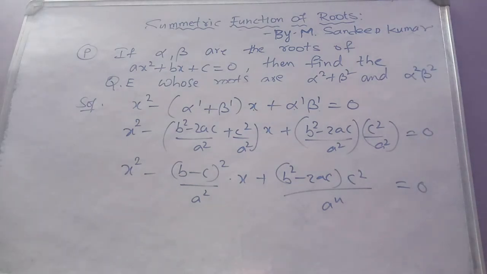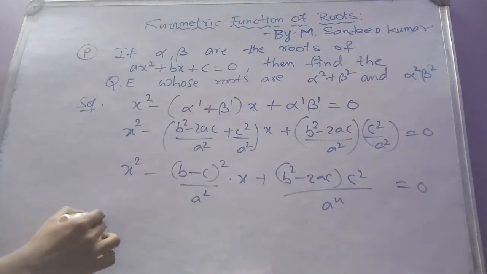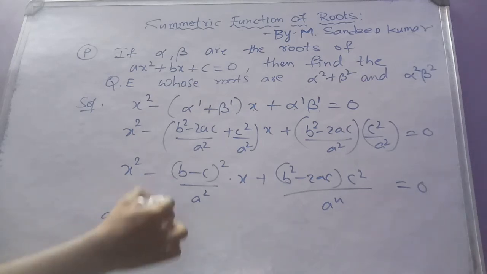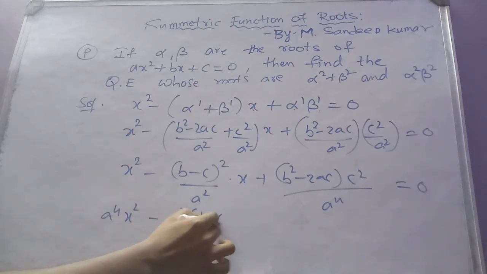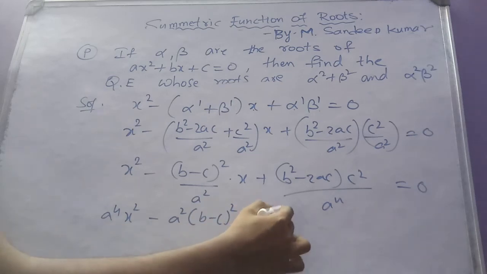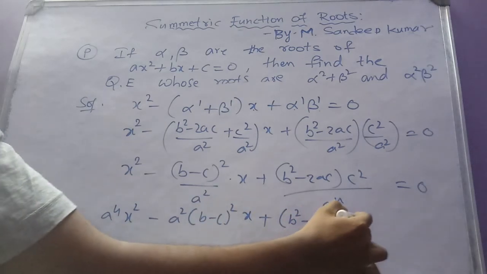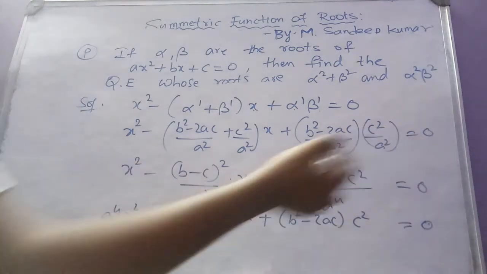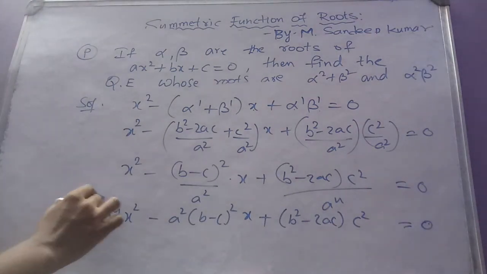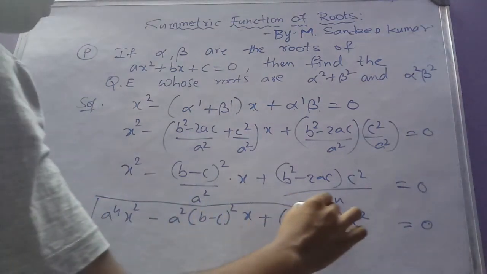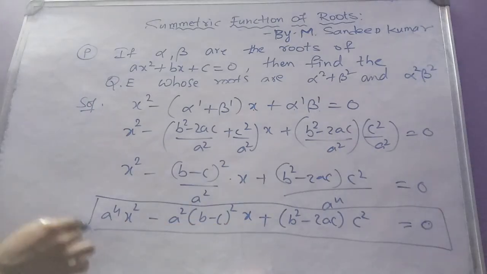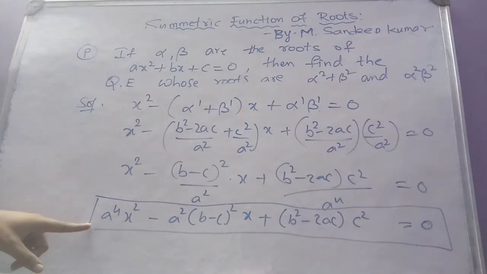If you take a common denominator of a power 4, you'll get a power 4 into x square minus a square into b minus c whole square into x plus b square minus 2ac into c square equal to 0. So this will be your final answer. After taking the common denominator of a power 4 and cross multiplying it, this is the final answer. So this is the required quadratic equation.